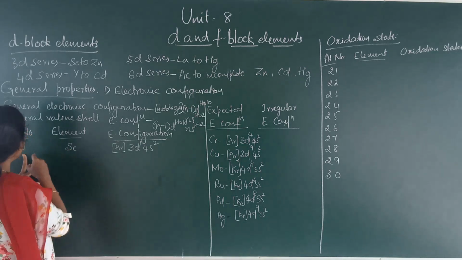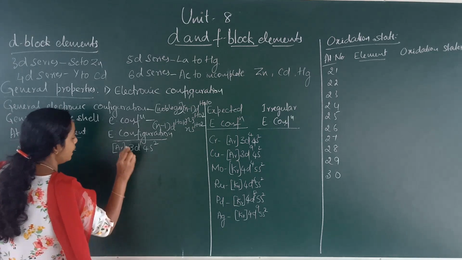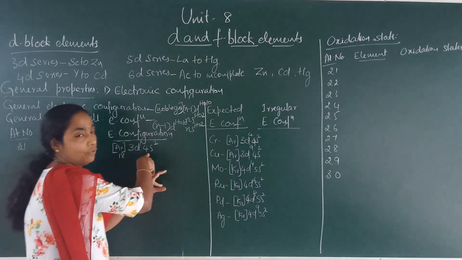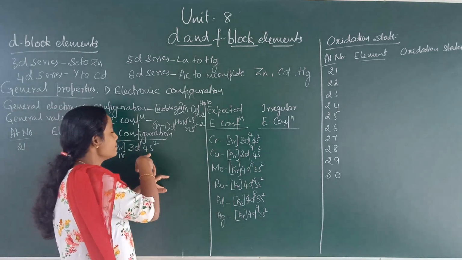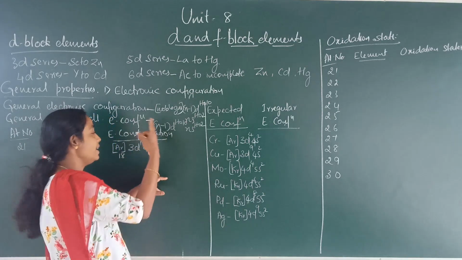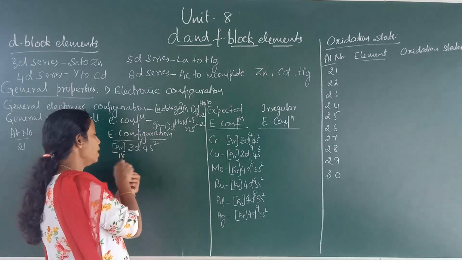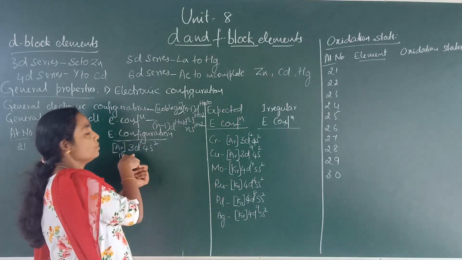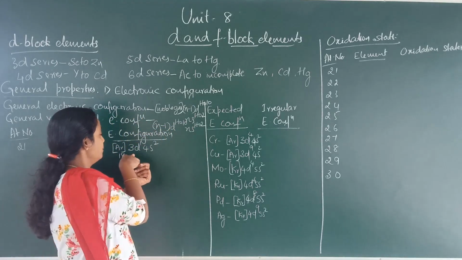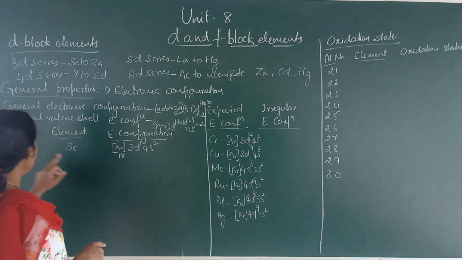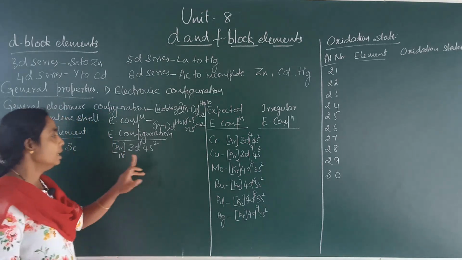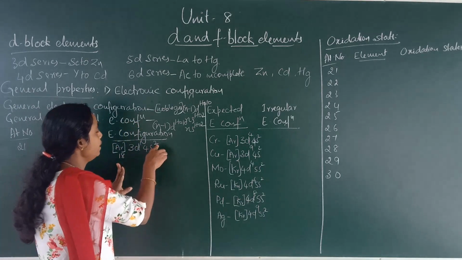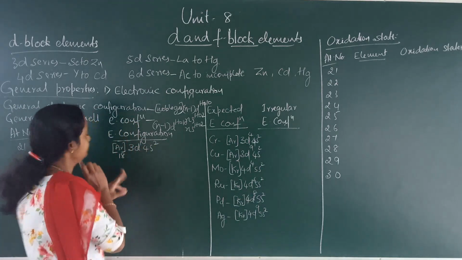Out of 21 electrons, 18 electrons are accommodated in argon, and the next electron goes to the 4s orbital because the energy of the 4s orbital is less than the 3d orbital. Therefore, first the 4s orbital is filled and the next electron goes to the 3d orbital. So, the electronic configuration of scandium is argon 3d1 4s2: 18 plus 2 is 20, 20 plus 1 is 21.